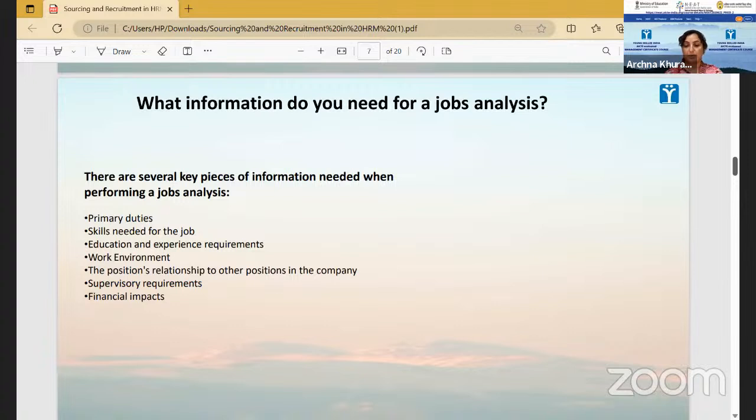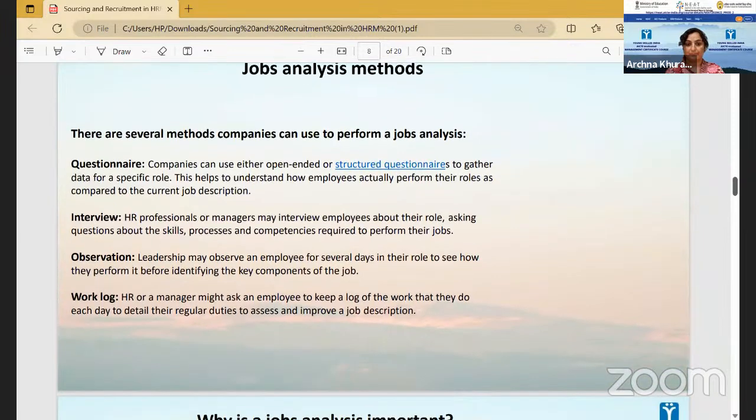All these things will come automatically to recruiters directly. So their supervisory requirements have to be very clearly put into this. Then financial impacts, very important. Like you all know, salaries, compensation, benefits that are attached to one job position are a very, very integral part of the job analysis that you're creating and drawing.